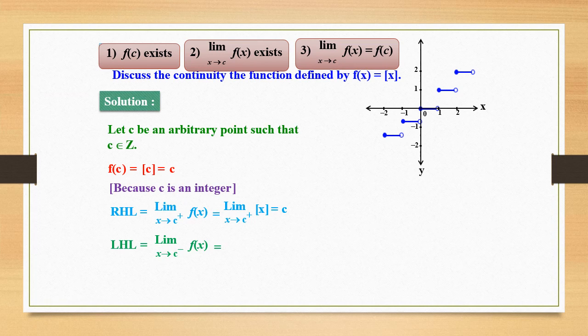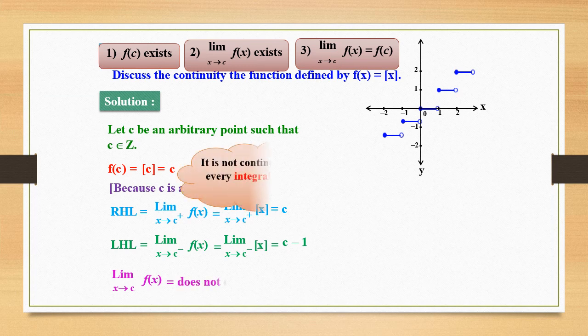So next, LHL, limit of f of x as x tends to c minus is again equal to step x, which is again equal to c. So limit of f of x as x tends to c does not exist.